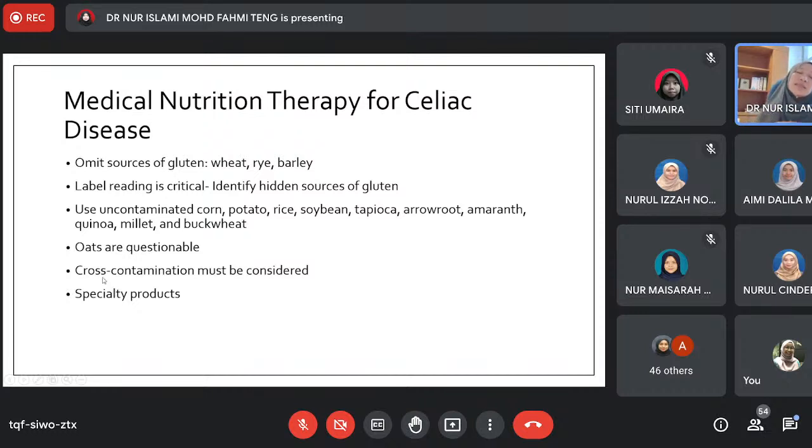This kind of food perhaps doesn't have any gluten, but there is cross contamination when you store it, perhaps in the refrigerator or in containers. And specialty products, for example, gluten-free cookies and gluten-free cake, we can consider for patients with celiac disease.